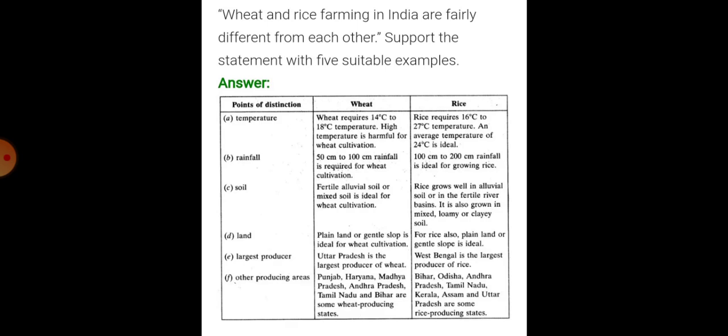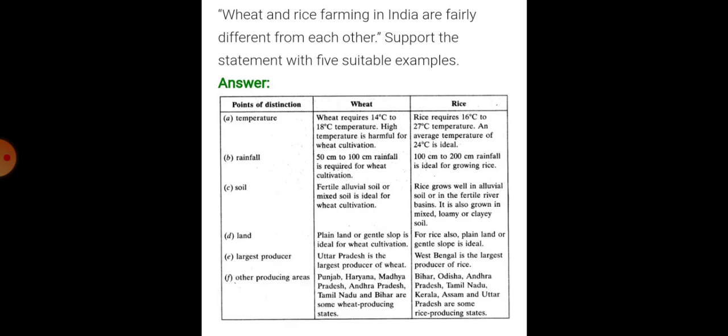The next point of difference is land. So for wheat, plain land or gentle slope is ideal for wheat cultivation. And for rice, plain land or gentle slope is also ideal. Again, the point of distinction is largest producer. So for wheat, Uttar Pradesh is the largest producer, and for rice, West Bengal is the largest producer. Then the last point of distinction is other producing states.